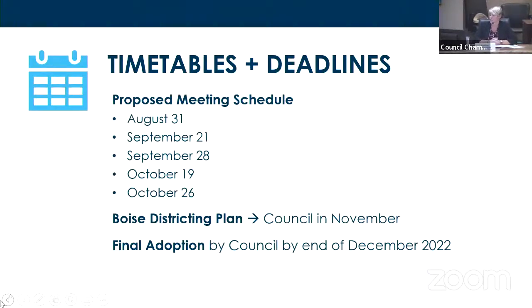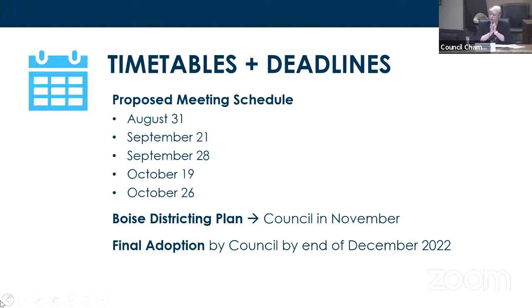So I would like to propose a timeline of meetings for you all. And so once I go through this, and feel free to ask me questions about the process, I'd ask that you make a motion to accept these dates if they sound okay to you. So again, tonight we're here for our intro meeting. In between tonight's meeting and the next meeting on the 21st will be when you will work with our staff to get some additional one-on-one training on the mapping software.